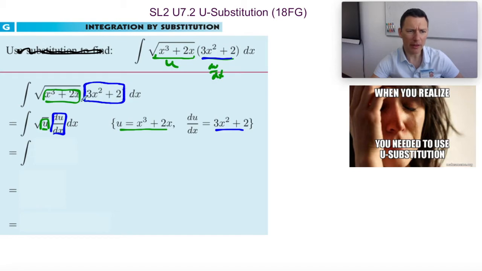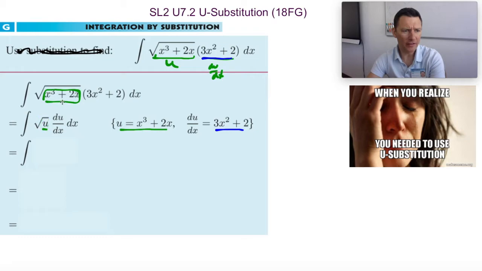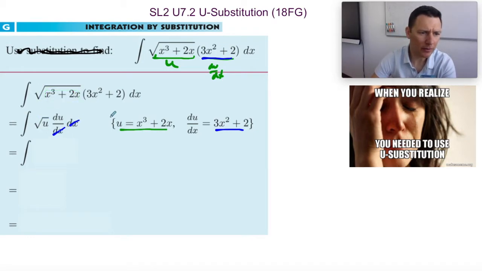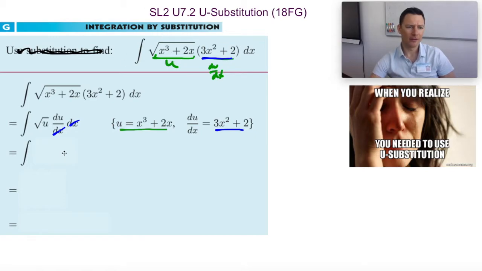We're just renaming them. Cool. What's nice about that is it doesn't exactly work like this, but those dx's essentially cancel each other out, and you have u to the half. We're just changing this around so it looks different. You could still call it radical u. U to the half du.